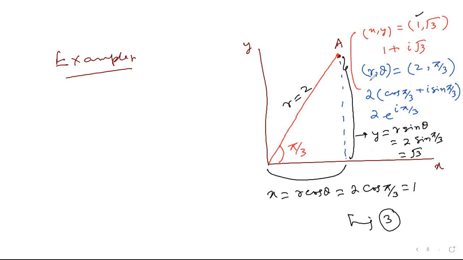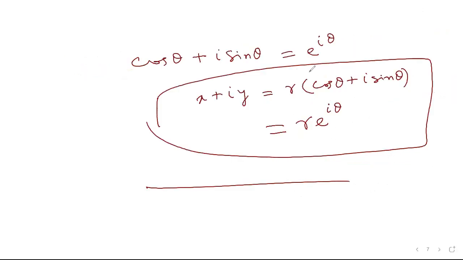If we write in terms of the polar coordinates r and theta, r is 2, theta is pi by 3, so we can write it 2 comma pi by 3, or we can write it this way, which we have discussed, that we can write in polar form any complex number as r cos theta plus iota sine theta.